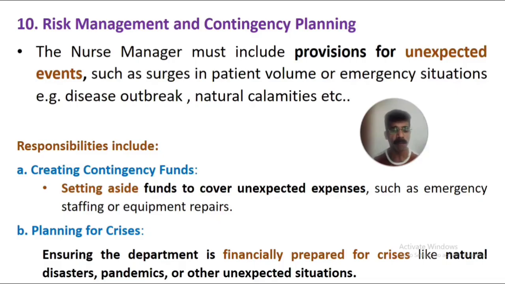That comes under planning for the crisis. So we need to set aside a separate fund or budget for crisis management and other emergencies or unexpected situations that occur in the hospital, by making a contingency fund. That comes under risk management and contingency planning while making or proposing the budget.